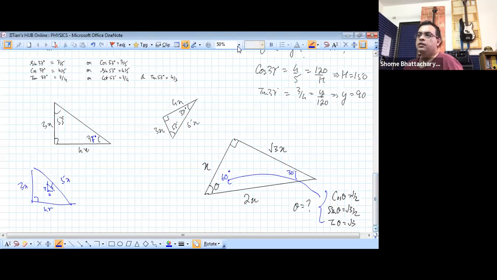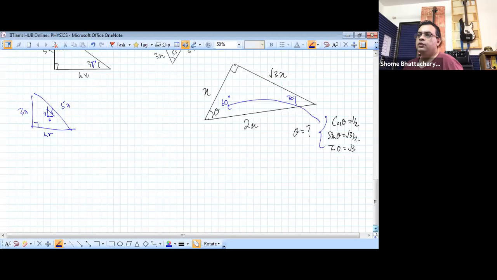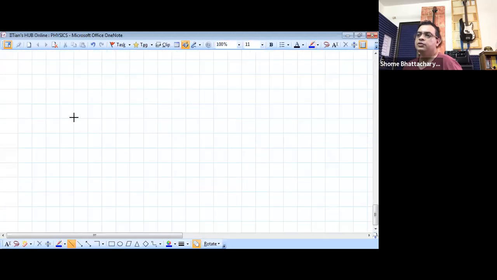Got it? Simple. Now, just to complete this analysis, one very common triangle which all of you know is the isosceles right angle triangle. What happens in it? The two acute angles are identical and they are 45 each. The drawing is not perfect here, don't mind, but this side is equal to this side. So this angle becomes equal to this angle, and these two angles become 45 degrees.